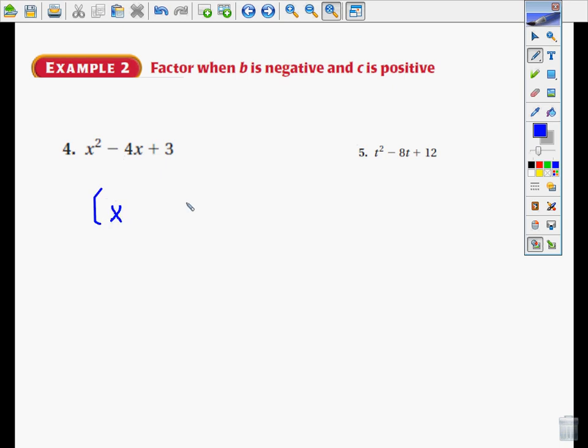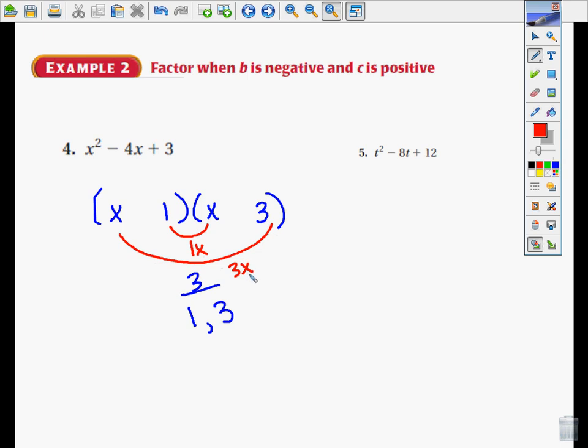I still know it's going to be x and x, and I'm still looking at factors of 3. I only have a 1 and a 3 for my factors of 3, so I'm going to put a 1 and a 3. I do what I call the smiley face method. I sort of build a little smiley face. I know that my inside terms are going to be 1x, and my outside terms are going to be 3x.